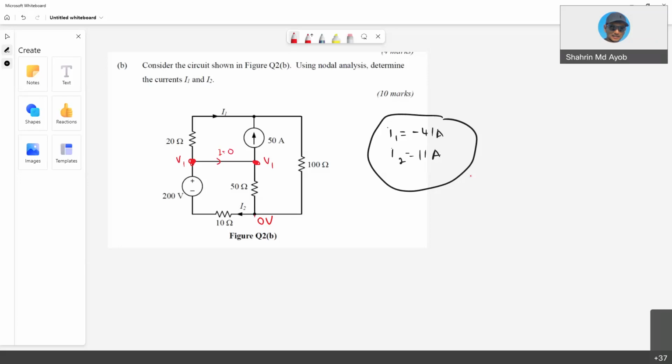If this one is 10 volt and this one is 2 volt, then the current will flow. But right now the nodes are the same, so the current will not flow. If the question asks for the current here, definitely it is 0 because there is no potential difference.